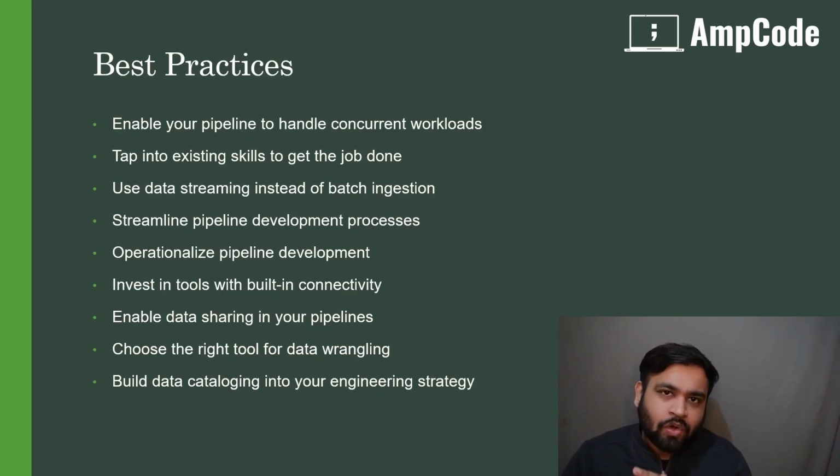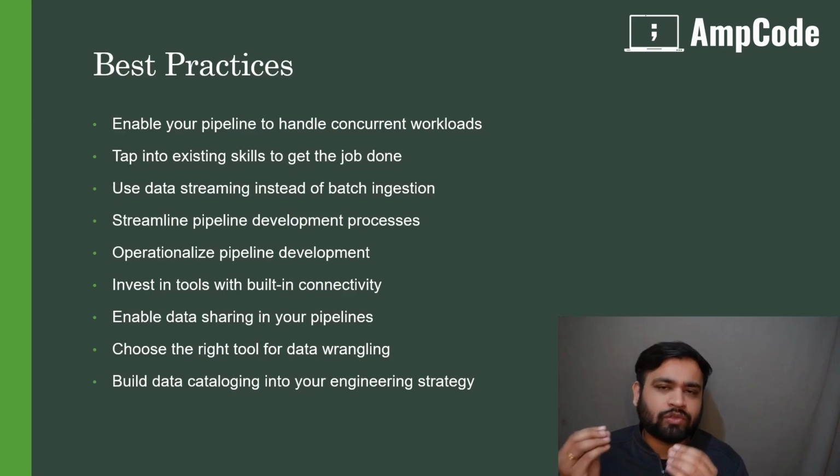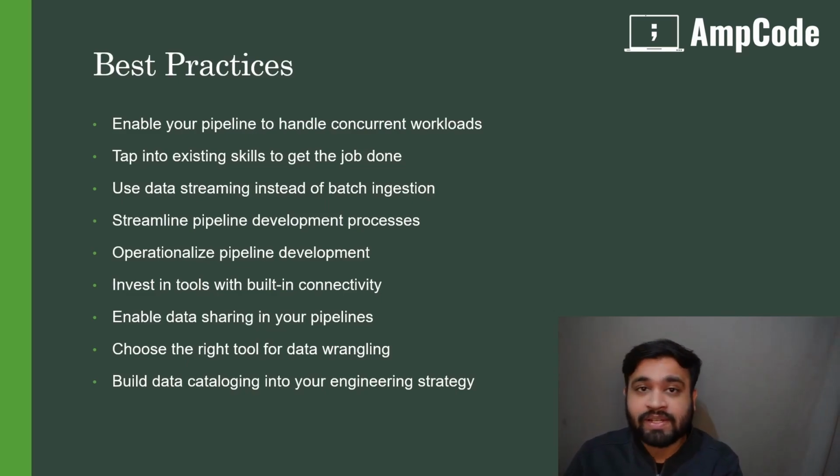And also at the last, you should have a data catalog. A data catalog means which sources you are using, how the data is flowing, and what all the joins and transformations are that you are using. Every step of your data pipeline should be in a data catalog. You have to build it into your engineering strategy, because it is very useful for end users as well to decide whether a data source is trustworthy or not, which data source they should be using, which transformation is being used, and what the logic is. It also lets you review all the logic and transformations that you're applying in your data pipeline.